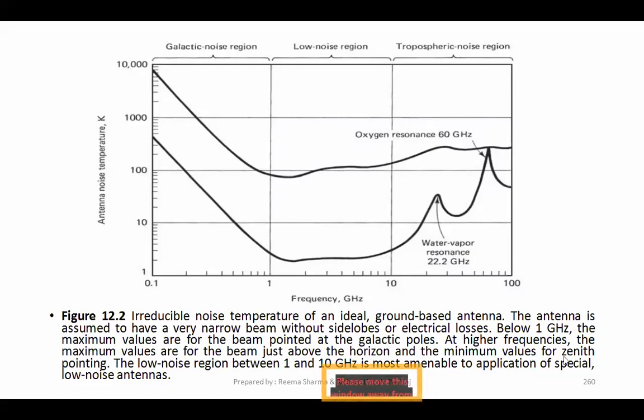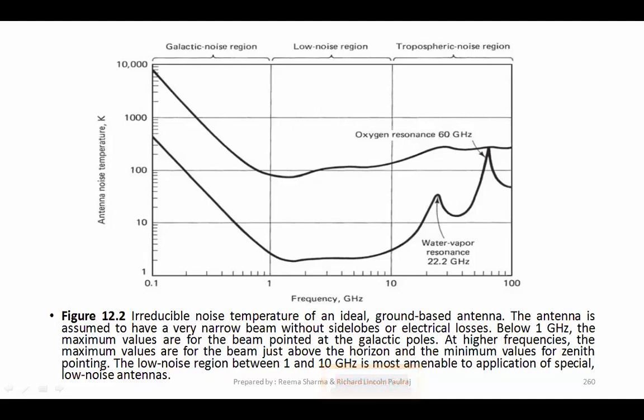Below 1 gigahertz, the maximum values are for the beam pointed at the galactic poles. At higher frequencies, the maximum values are for the beam just above the horizon and minimum values for zenith pointing.